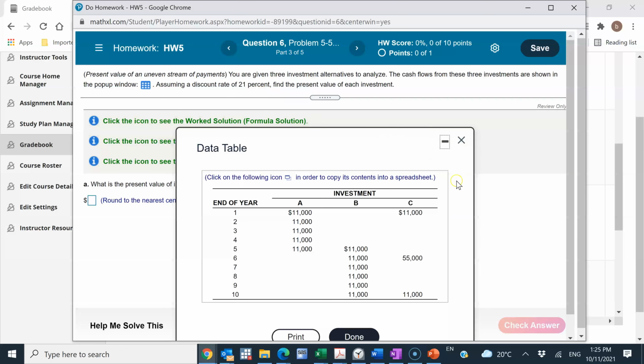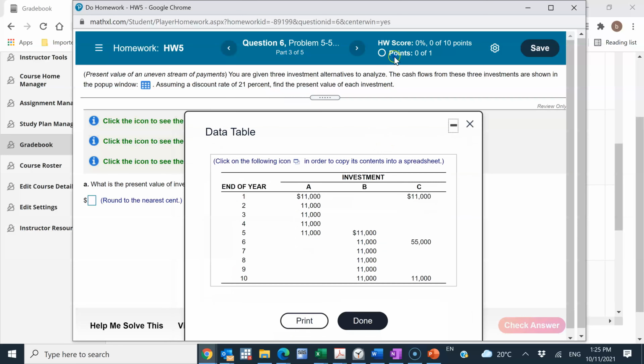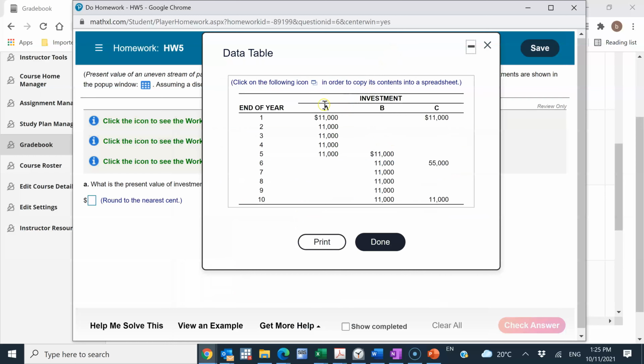What's convenient about the current version of MyNav is that you can click on the following icon in order to copy its contents into a spreadsheet.